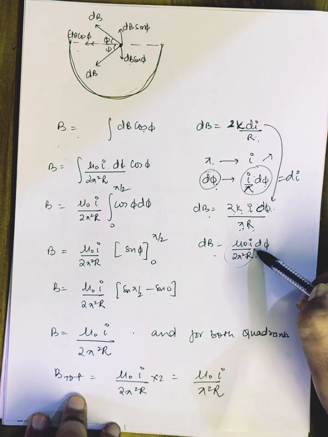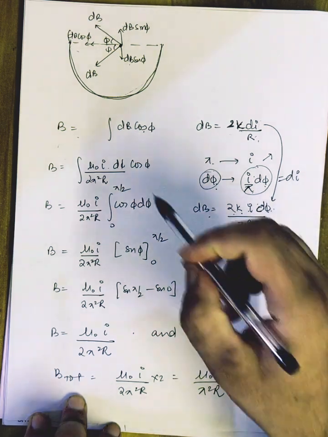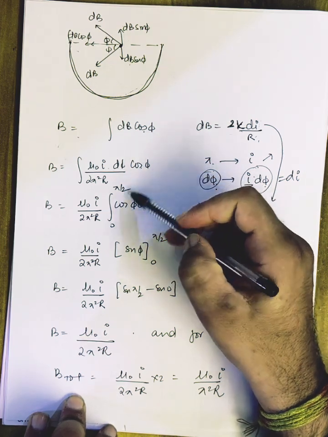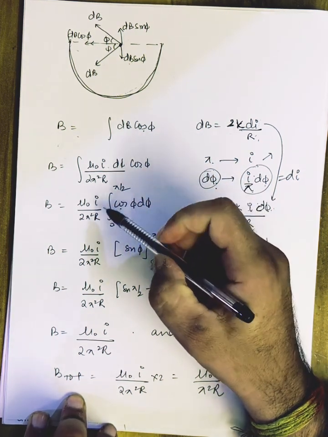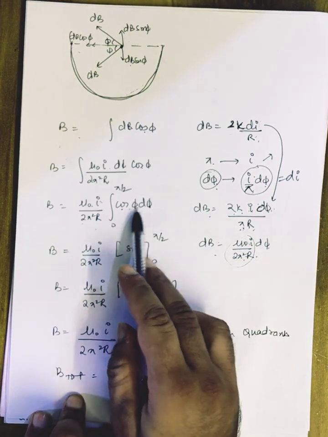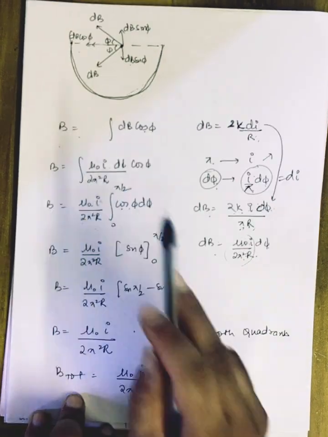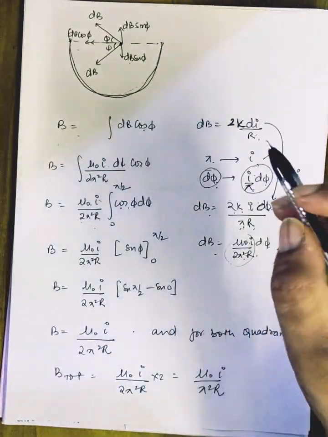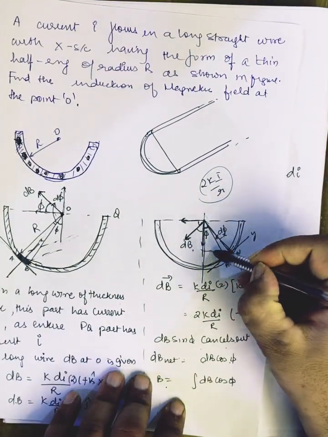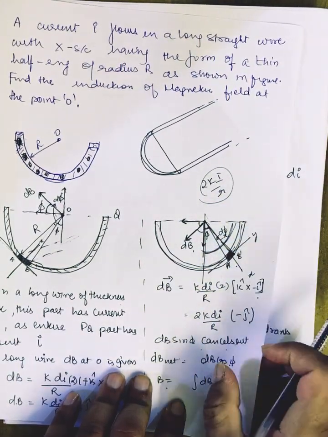Everything is constant except d phi, so d phi will be taken into the integration, and cos phi will come as it is. So mu naught I upon 2 pi squared R is taken out, and cos phi d phi will be integrated from 0 to pi by 2. Now if I'm taking only 0 to pi by 2, I'm only solving one quarter.